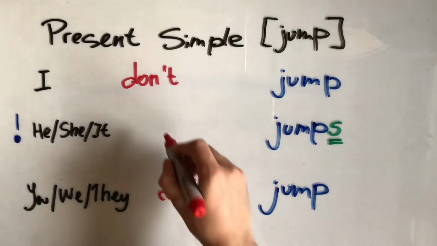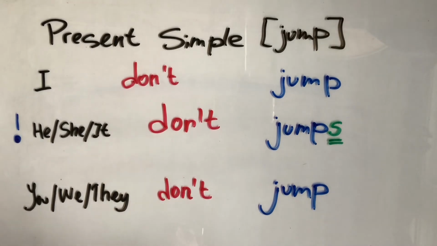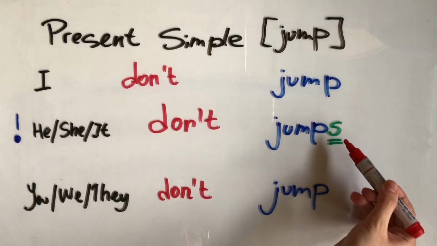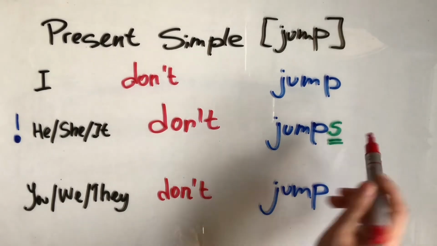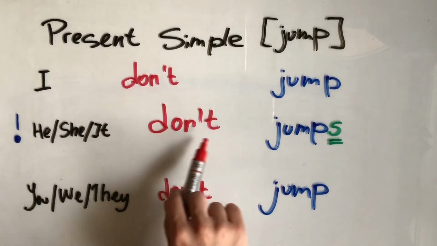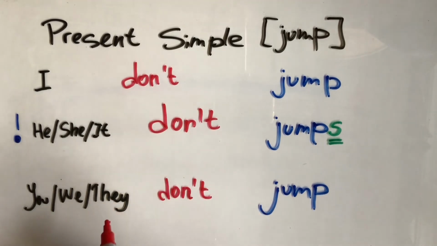Normally, the same would happen here. But remember, because we had an S in our affirmative sentences with pronouns he, she, or it, don't has to undergo some changes.